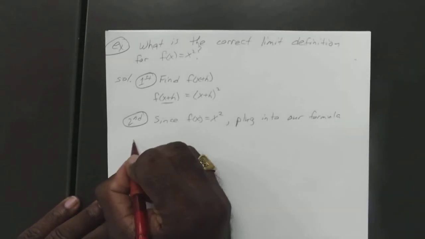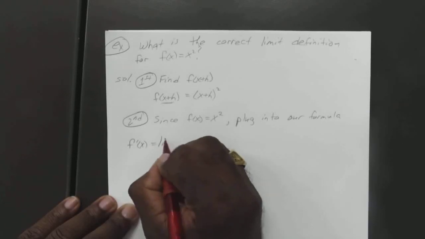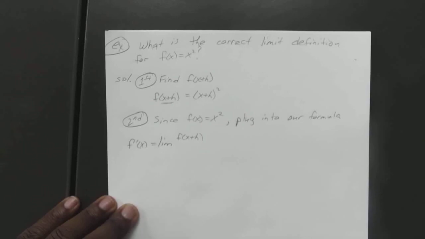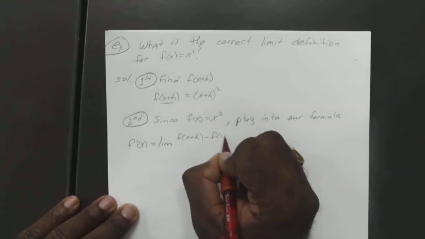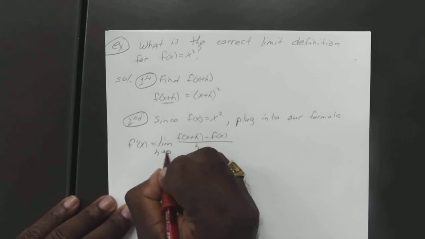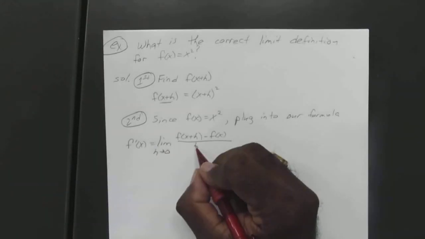Okay, so we know that f prime of x is equal to the limit of f of x plus h minus f of x all over h as h approaches 0. Straighten that up a little bit.